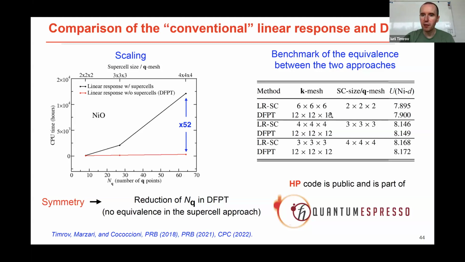Equivalently, you can use a primitive cell. So you don't need the 2x2x2 supercell, you use a primitive cell, but you need to increase the K points to 12x12x12 because there is a factor of 2 between the primitive cell and the supercell. And this would be an equivalent calculation, but the DFPT calculation is much faster. But you see Hubbard U is the same within the numerical noise. And it's implemented in the HP code, which is part of Quantum ESPRESSO and that we will use during the hands-on today.